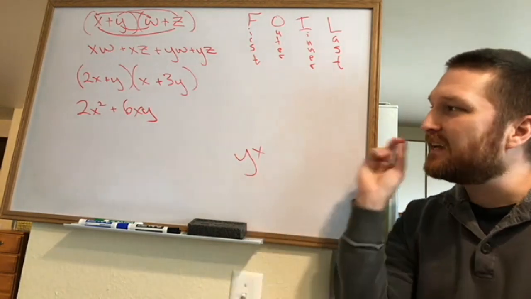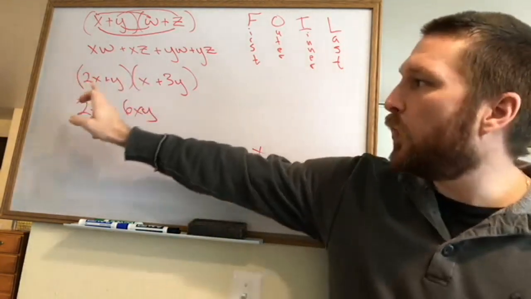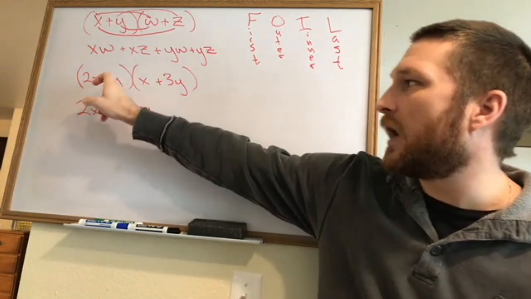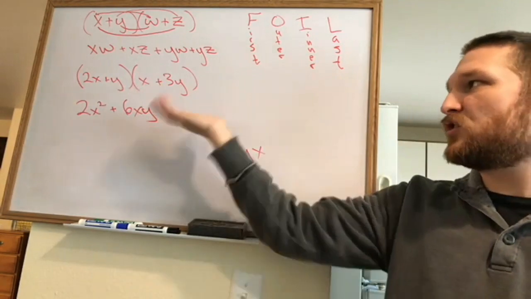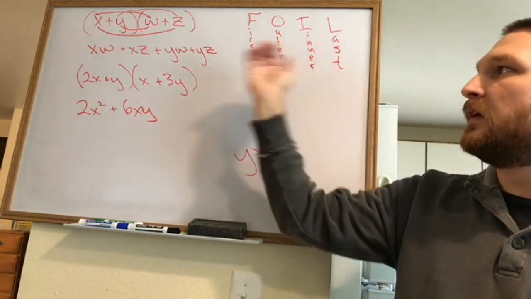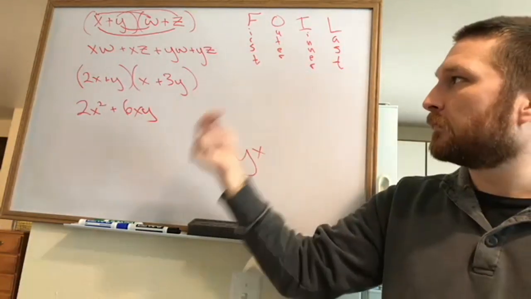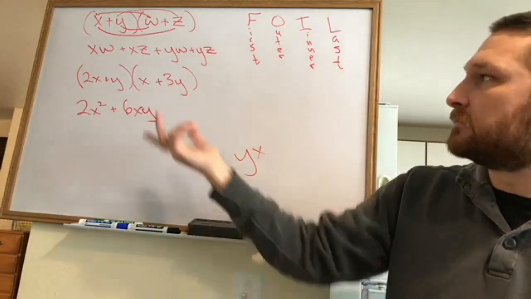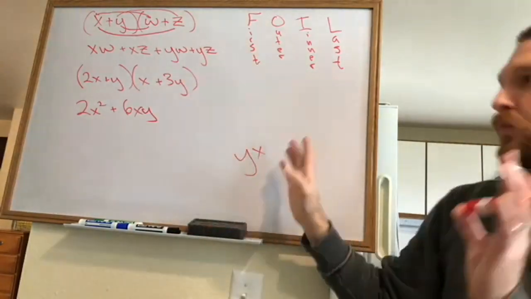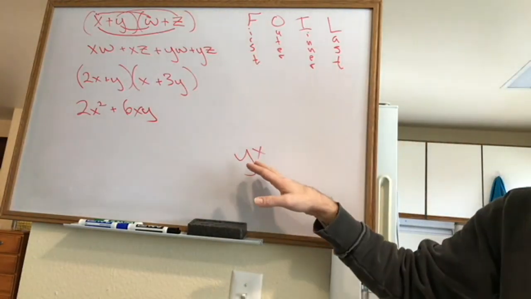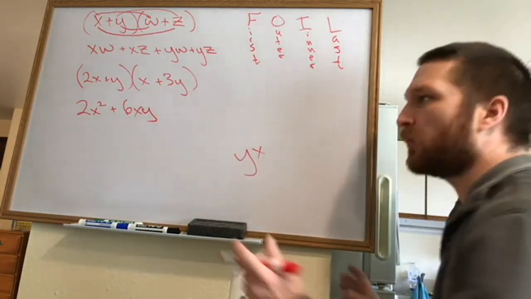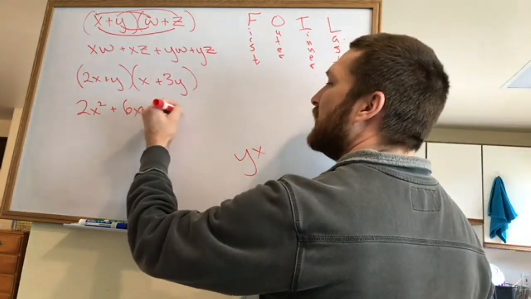And by convention, when x shows up first and y shows up second, that's how we keep things. And usually, just by convention, you go in alphabetical order, right? Okay. And so that's what we're going to do. We're going to keep, since x comes before y, whenever we write these guys down, we're going to put the x before the y. So we get plus another xy.